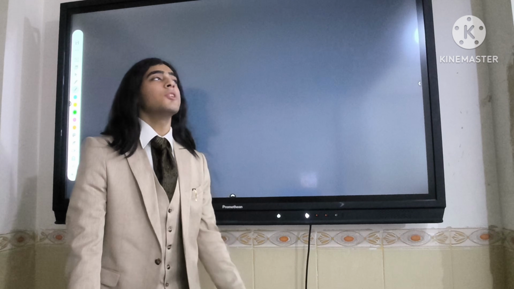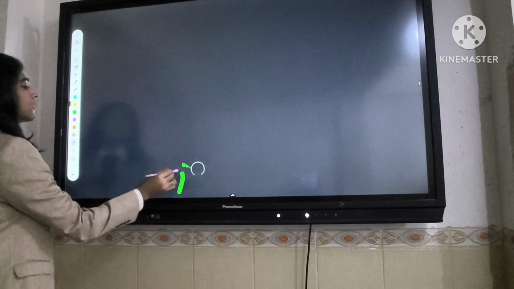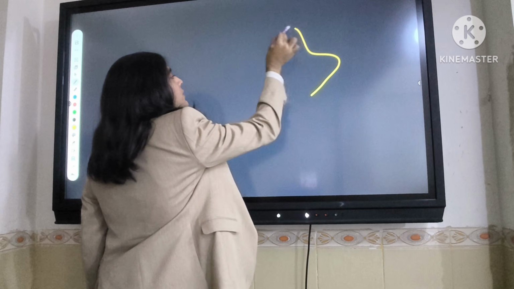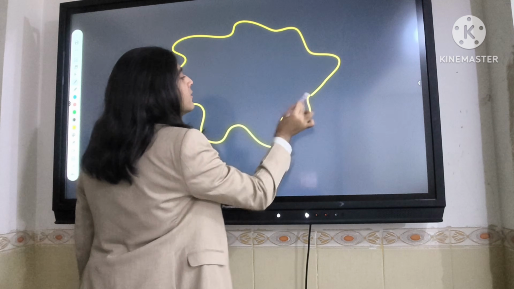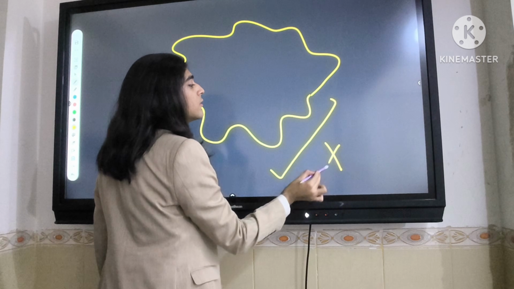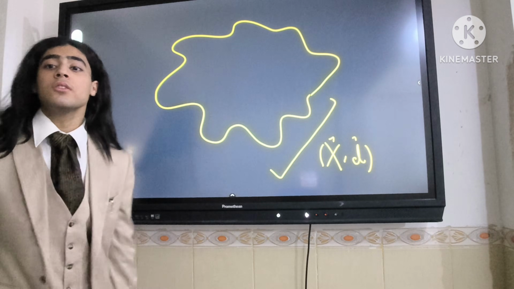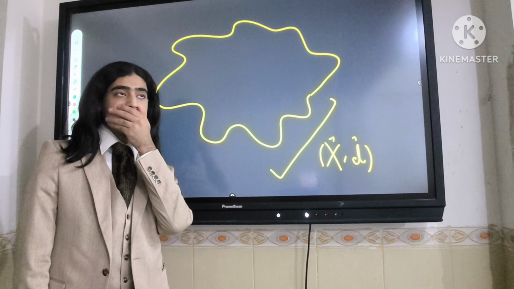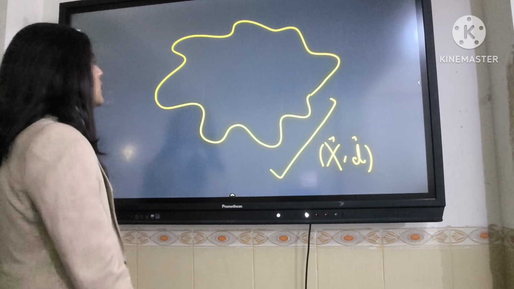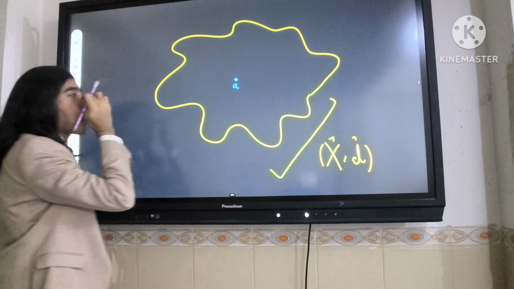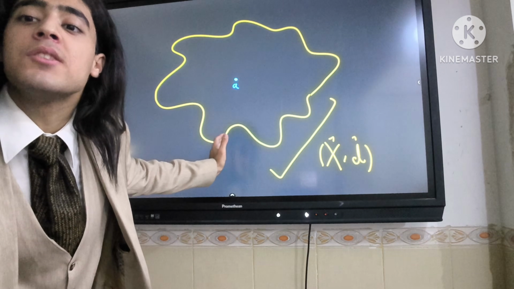Now, what is the geometrical interpretation for this formula, which I proved before? Imagine that I have a pseudo-geometric space. Call it X. Now, let us take some point A inside the pseudo-geometric space.